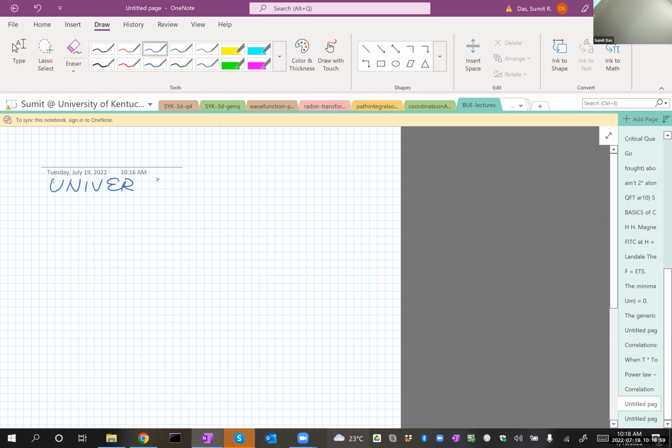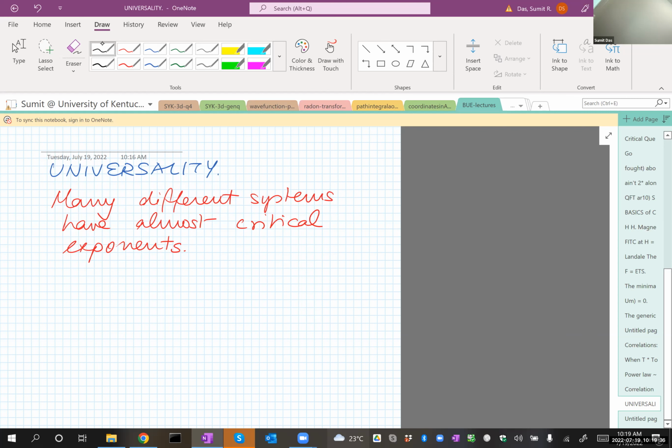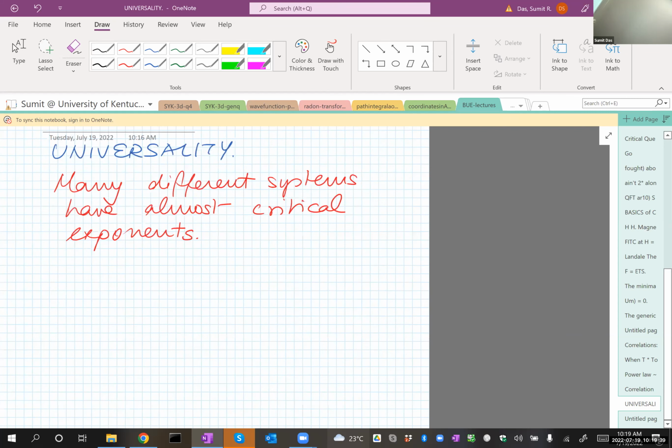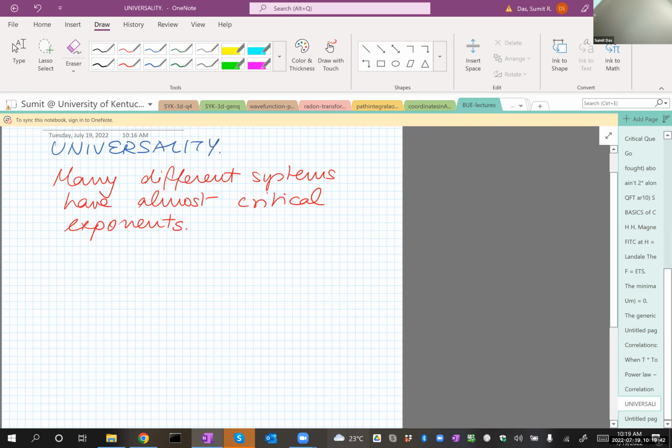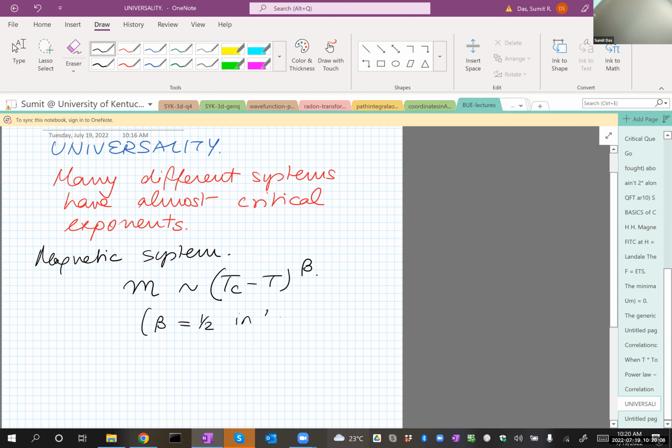And the task now is to understand, so a priori, a magnetic system has nothing to do with a liquid gas system. In a magnetic system, you have an expression that the magnetization goes as Tc minus T raised to some power. This power is usually called beta. So beta is equal to half in Landau theory.